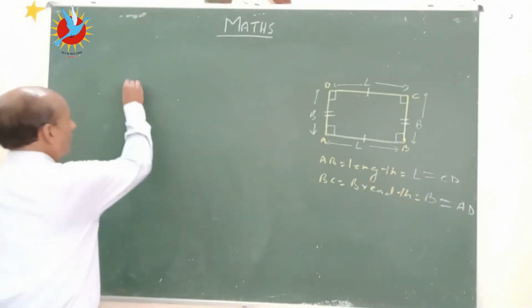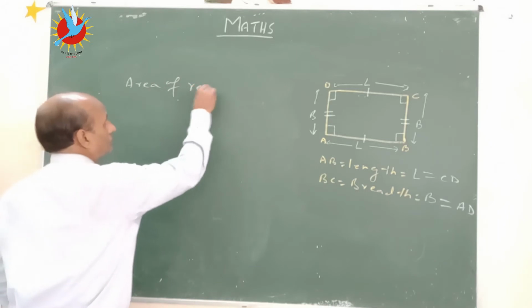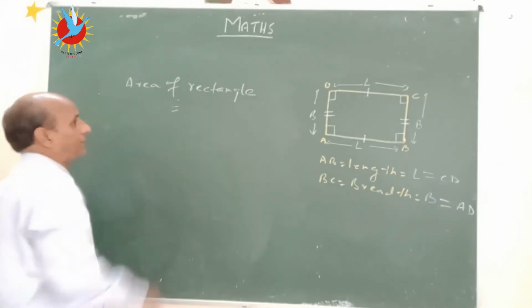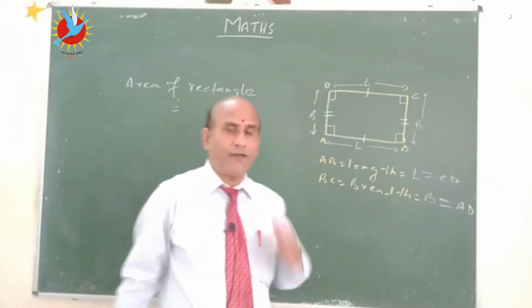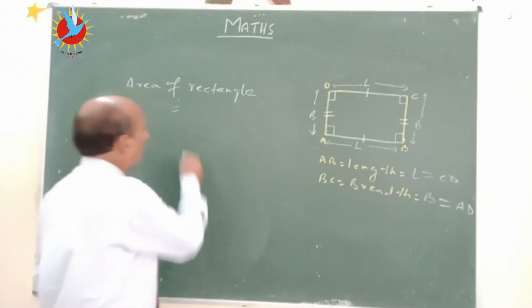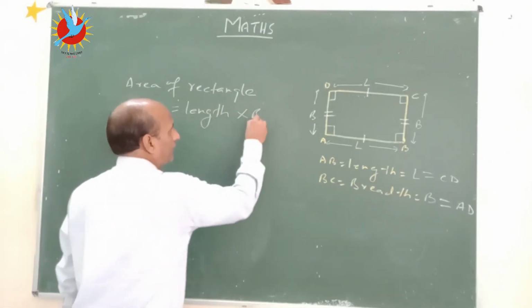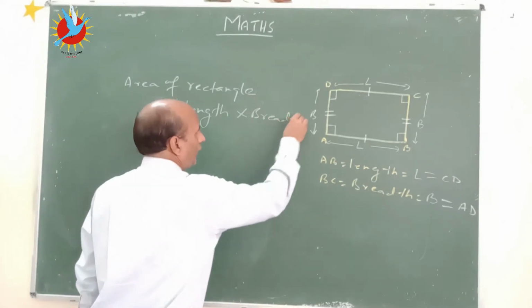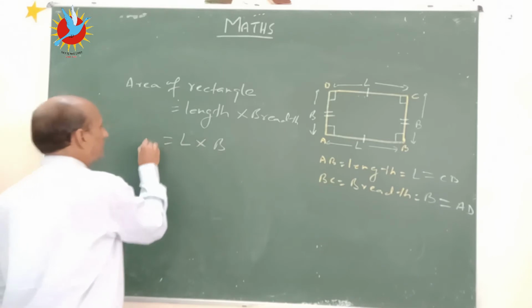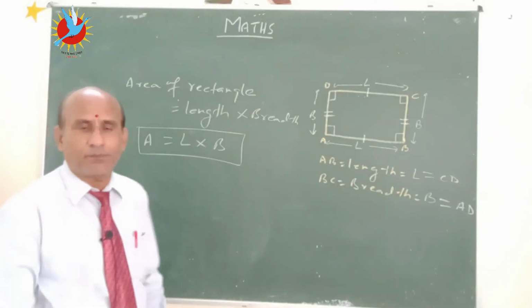Now, if we want to find the area of a rectangle, then simply multiply length and breadth or width, that is L multiplied by B. So area is length multiplied by width.